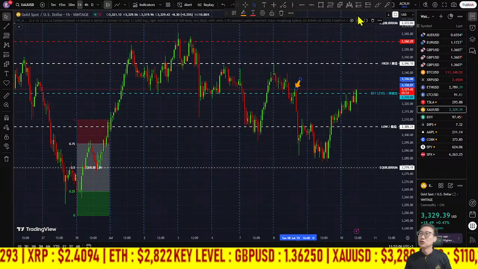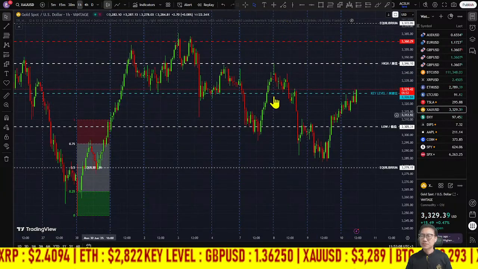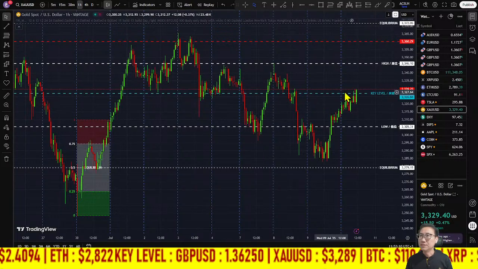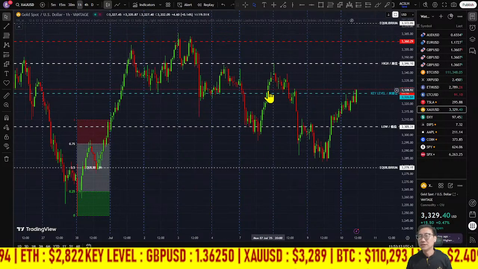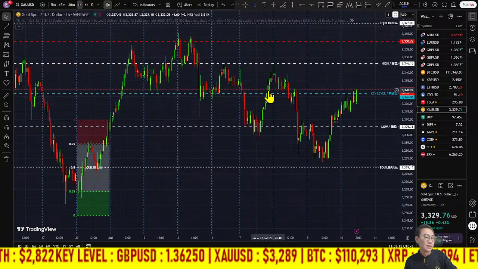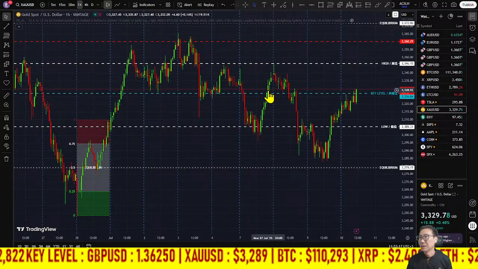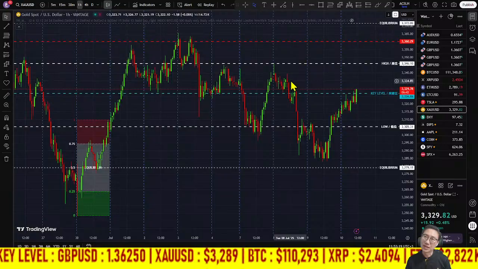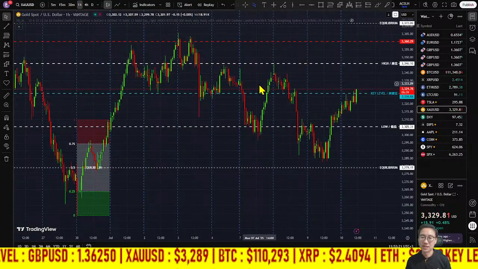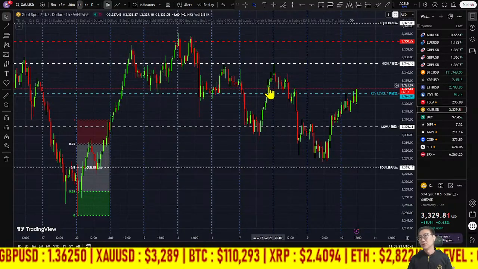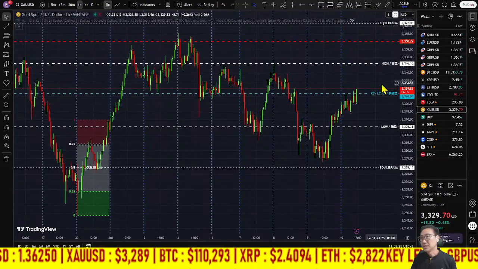For gold, ultimately I think along the way it will take out some of this. Like you are saying, double three, correct? I think it's actually possible.